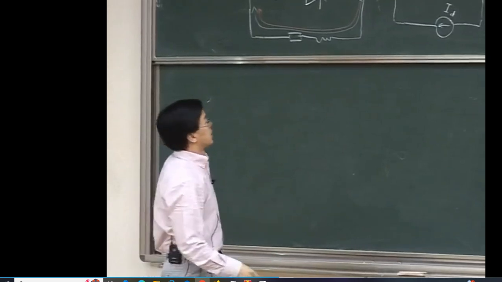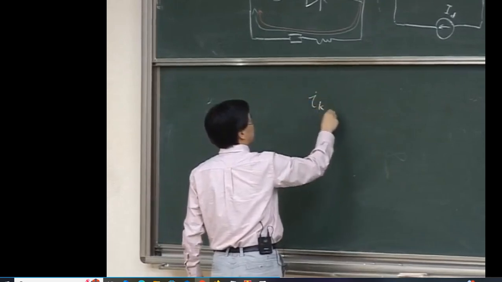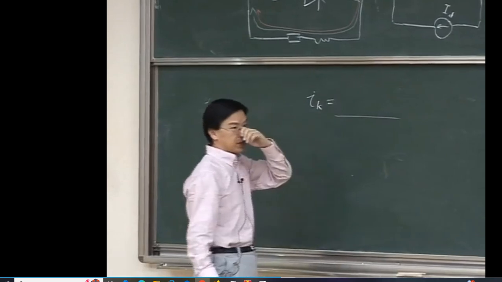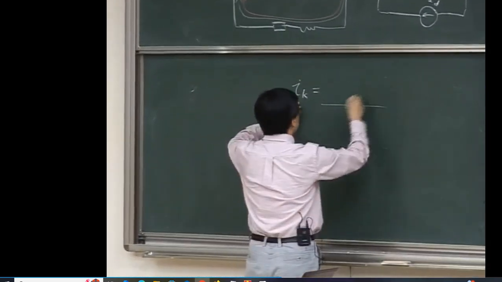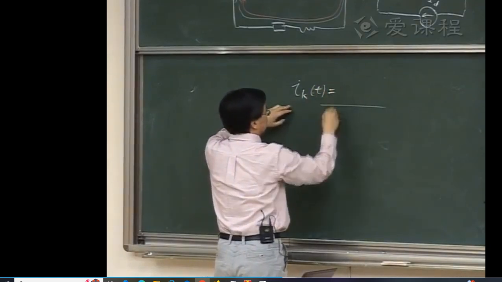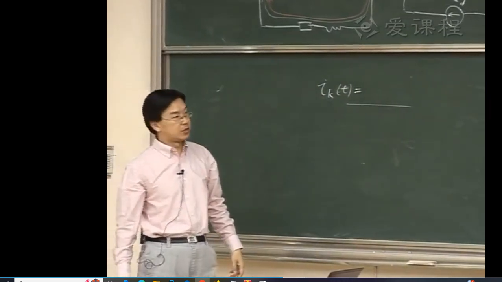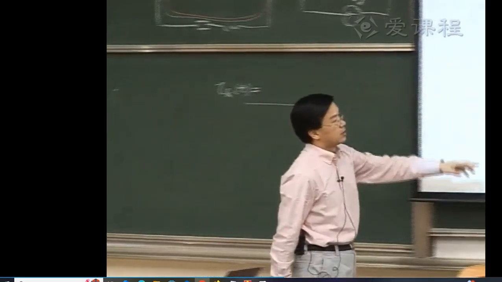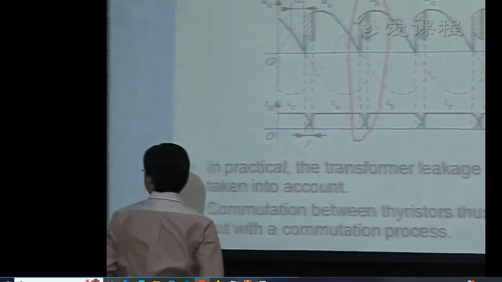You can get exactly how this IK is changing. You have a representation showing how this current IK is changing. You can get the equation, so you exactly know how this current IA is changing, IB is changing.